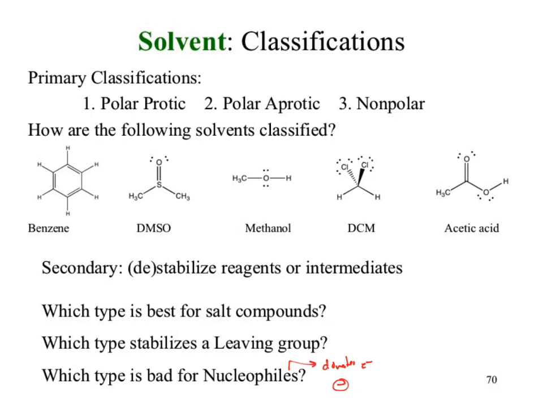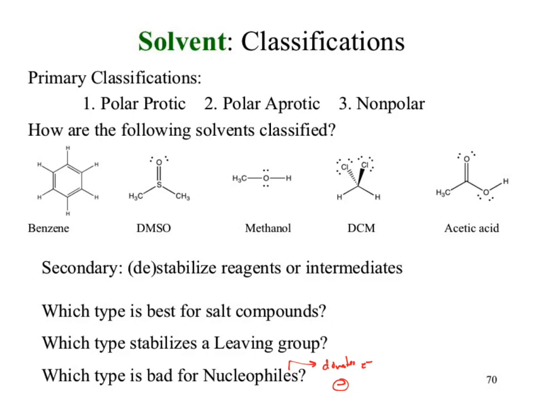Right? So we're really just spinning those definitions around and keeping them in mind, because when I'm asking which type of solvent is bad for a nucleophile, you need to know that a nucleophile donates electrons, which means it's negatively charged. Okay? What would be bad for a negative charge? To donate electrons, what charge does it need to be? Negative. What would make it less likely to donate those electrons? If it wasn't negative.